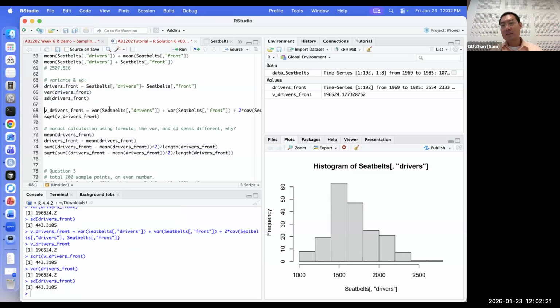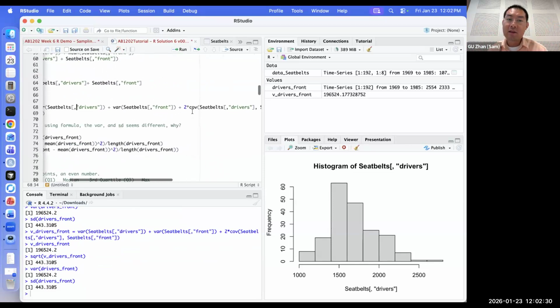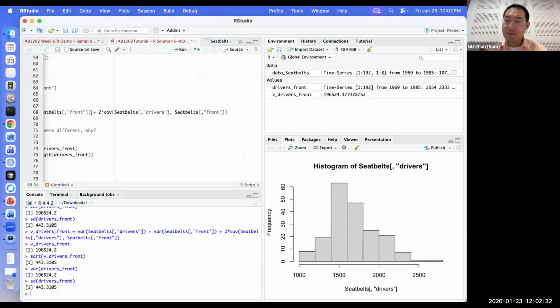But if you want to treat these two random variables as separate ones, then you need to add the 2AB times the covariance.